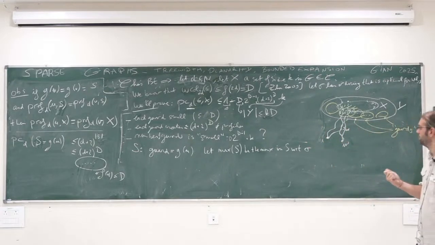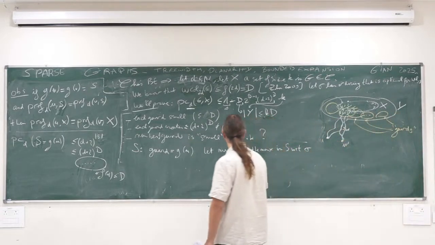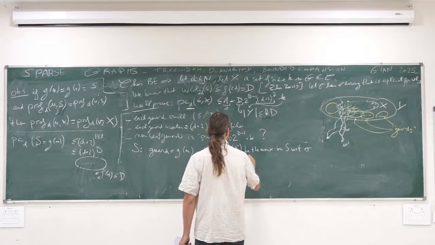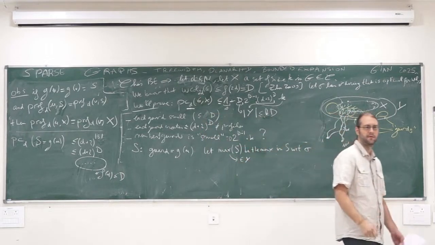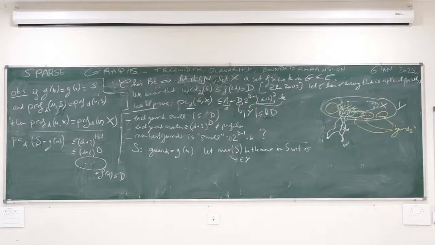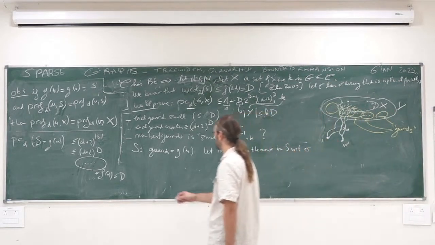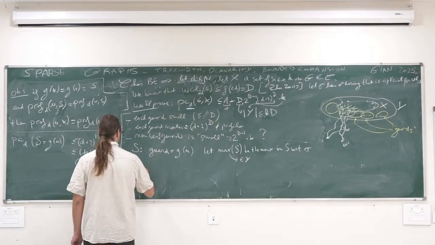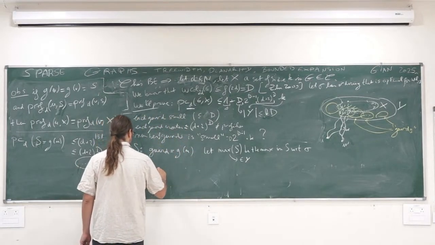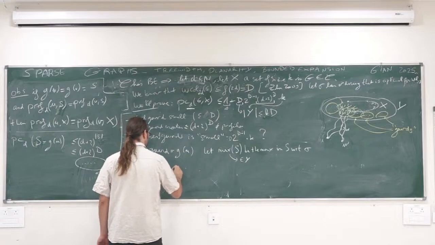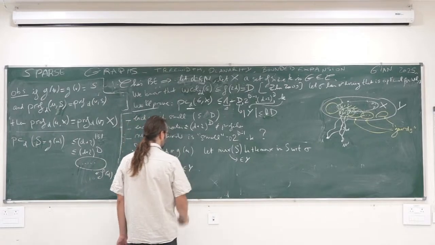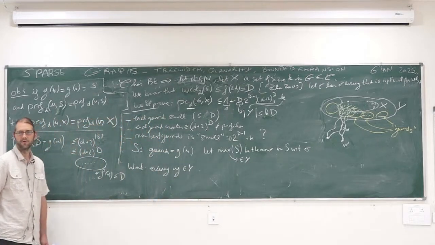So what I will show, right? So this max, it's a vertex of Y since my guards are included in Y. I want to show that every y in Y cannot be the maximum of too many such sets.